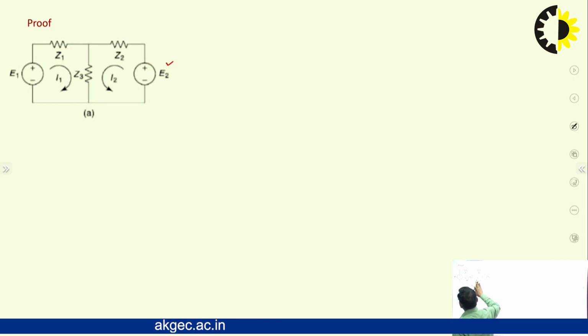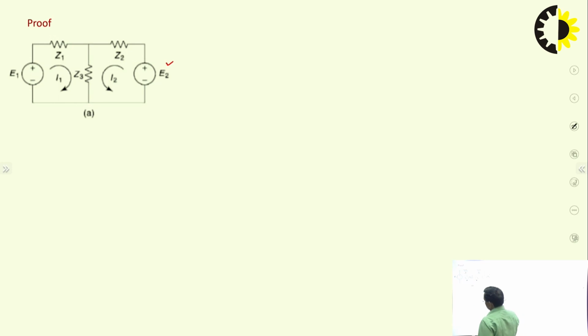Then the second step is to take one source, say the E1 voltage source, acting while the E2 voltage source is replaced by its internal impedance. In the third step, keep E2 active and replace E1 by its internal impedance. We can then check whether the summation of these currents is the same as the current we obtained when both the sources are acting together.